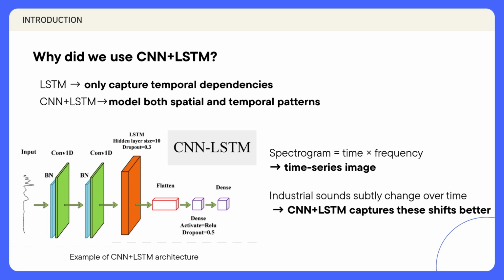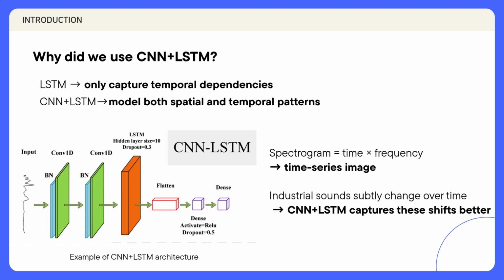In contrast, with a CNN LSTM structure, a 1D convolution layer first learns local patterns along the frequency axis. After applying batch norm and ReLU to form a feature map by frequency, that output is passed to the LSTM, which can then model how those frequency-specific features evolve over time simultaneously.